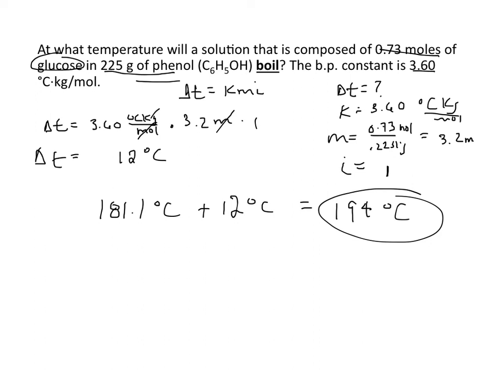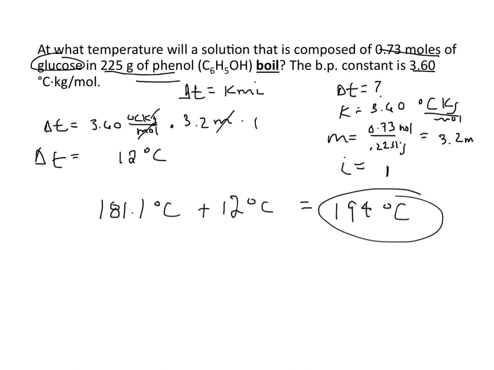So once again, we're utilizing the delta T equals K m i calculation. Notice that's not where I stop in this situation. This question is asking me at what temperature the new solution is going to boil. Delta T tells me the change that's going to occur, but I need to take this extra step in order to figure out the new boiling point of the solution.